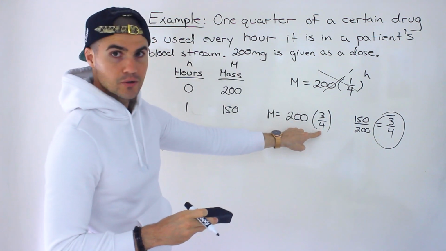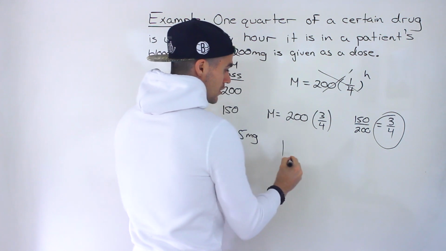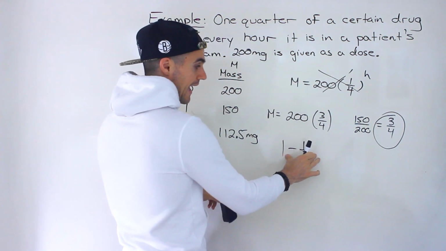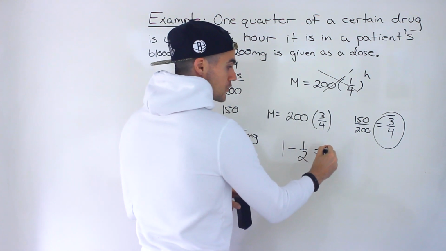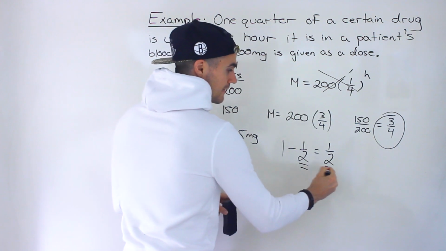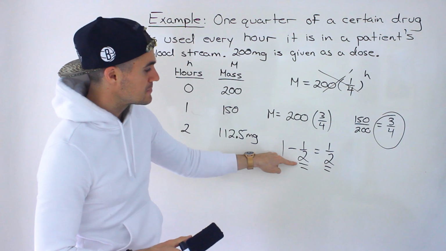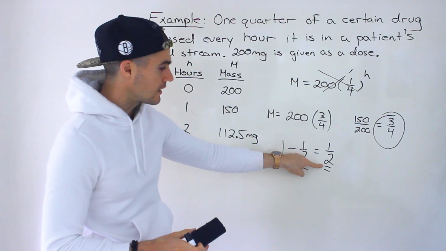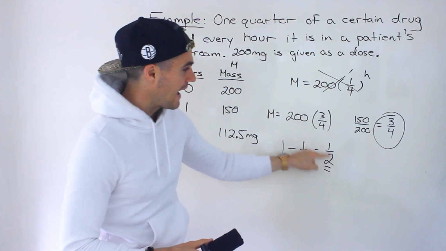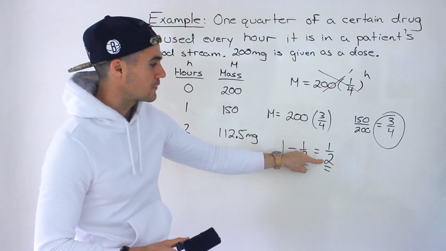The reason why this bracket would still be a half is because if we start at a whole and then a half is being used, what's the amount remaining? Well, it's still 1/2. And so this number and this number are the same. What goes in the bracket is not the amount that's being used, but the amount that's remaining. So when we were dealing with half-lives, the 1/2 that would go in the bracket wasn't for the amount that was being used, it was for the amount that was remaining.